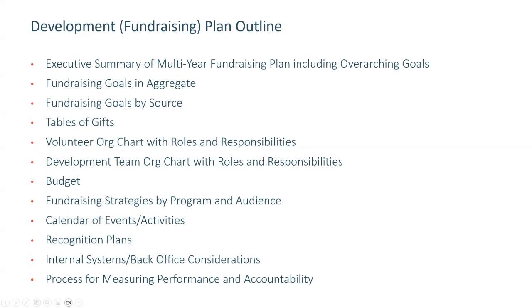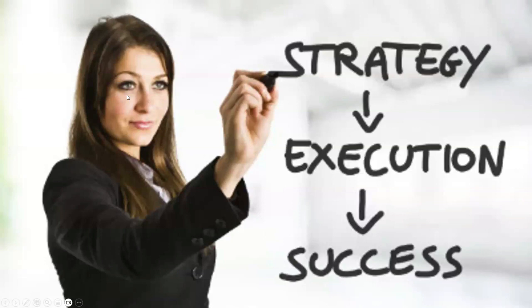So here we are with just a minute left, and I just wanted to provide one final slide for you all, and it's just a reminder. It doesn't have to be complicated. You can keep it very simple, but let's all remember that the proper strategy plus execution will equal success.